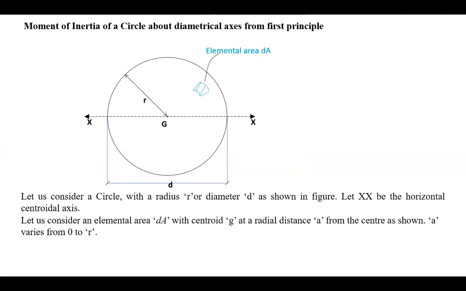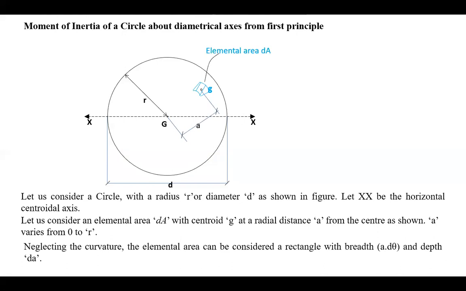So let us consider a small elemental area. Actually, it is a sector of a circle, a small piece of the circle. Let G be the center of that elemental area, and let A be the distance of that small elemental area from the center.